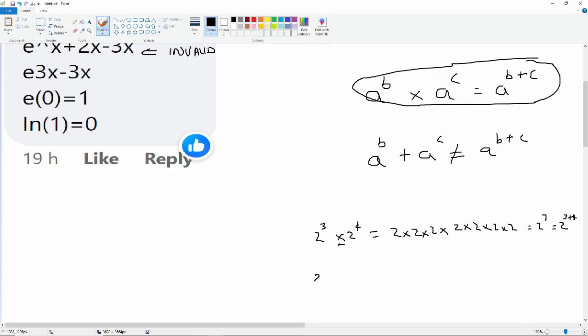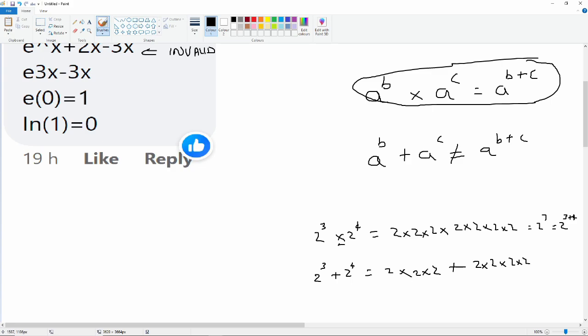But if we try 2 to the power 3 plus 2 to the power 4, well, that's equal to 2 times 2 times 2 plus 2 times 2 times 2 times 2.